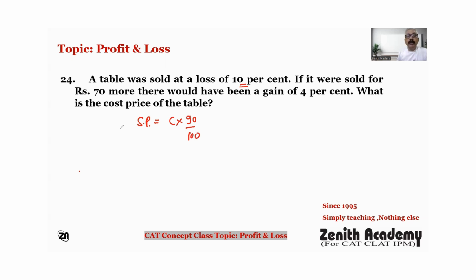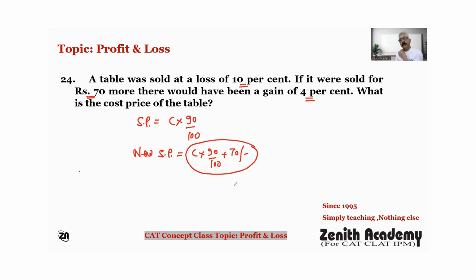If it was sold 70 rupees more, the new selling price with this condition would be C times 90 by 100 plus 70. And there would have been a gain of 4%. So this is actually 104% of the cost price. Is it okay?